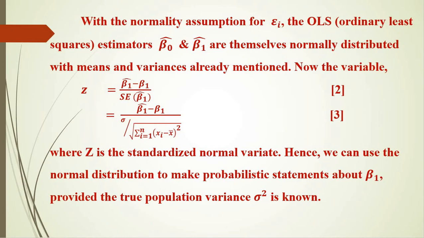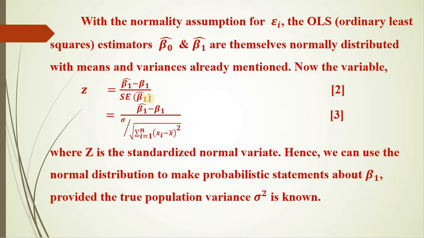Beta 1 cap is the estimator of the parameter beta 1, so this is the estimator minus parameter divided by the standard error of the estimator beta 1 cap. This is a standard normal variate, and it follows normal distribution with mean 0 and variance 1.